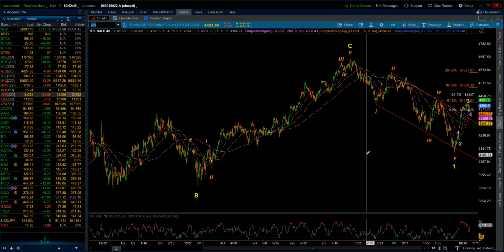Now, when we travel further down and look at the rules for triangles, and in particular diagonals, we have to first go all the way through. On impulse, wave 4 cannot or never moves beyond the end of wave 1.